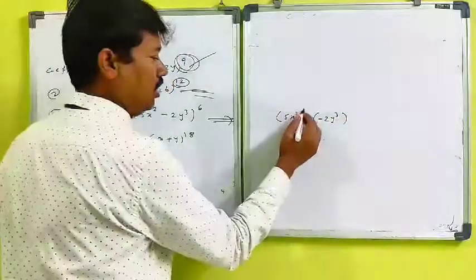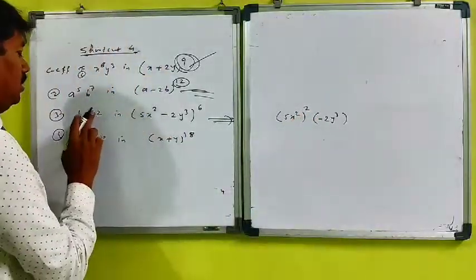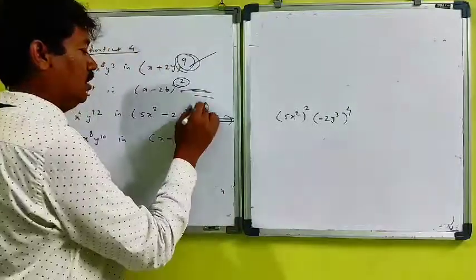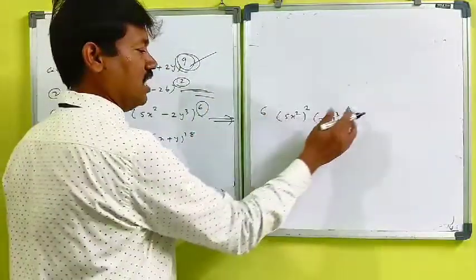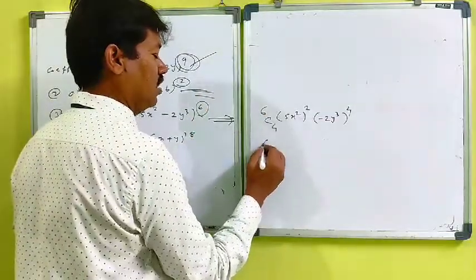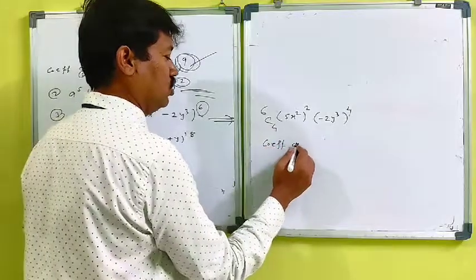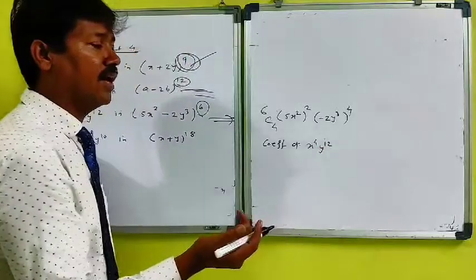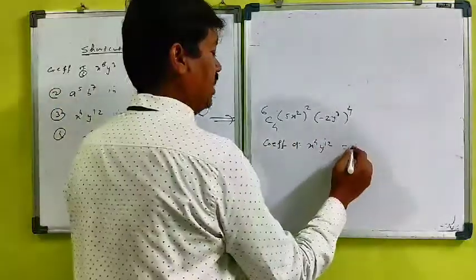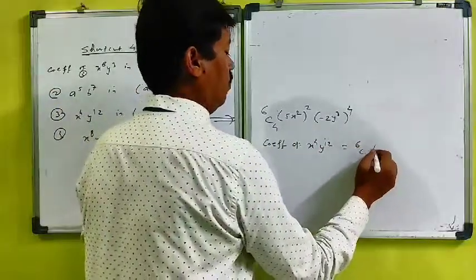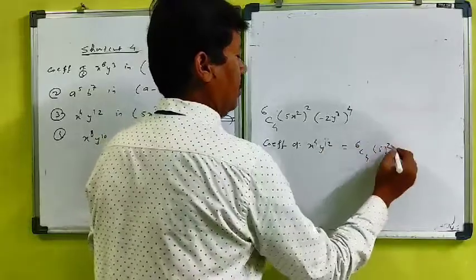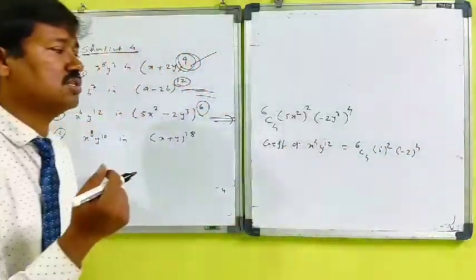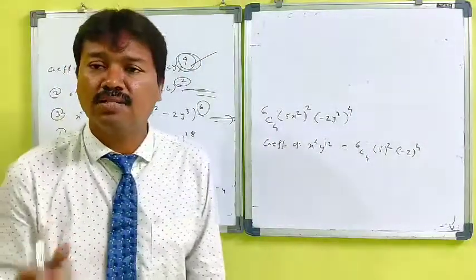The total power is 6, so it is 6c4, like this. So what is the coefficient of x to the 4, y to the 12? It will be 6c4 into 5 square into minus 2 raised to 4. Always you just take the constant terms and then find the value. That's the answer.